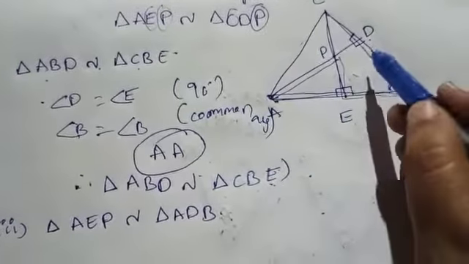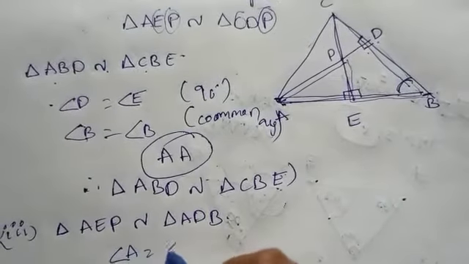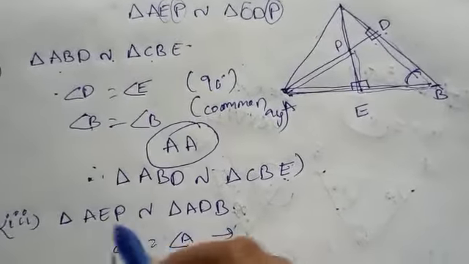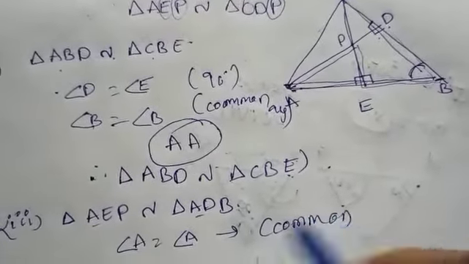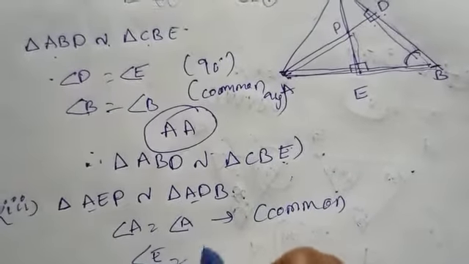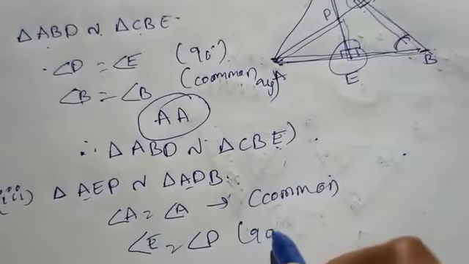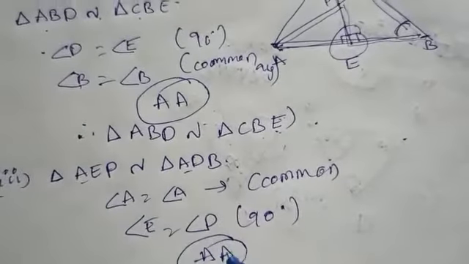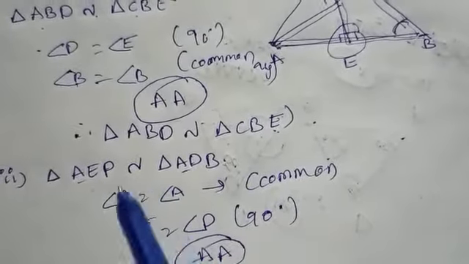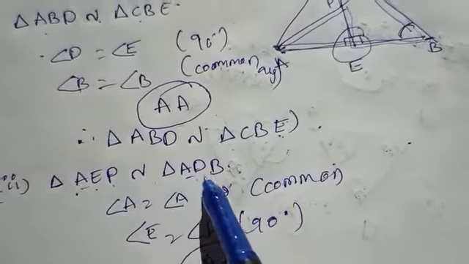Here angle A equals angle A, the common angle. Next, angle E equals angle D, 90 degrees. Based on the angle similarity property, triangle AEP is similar to triangle ADB.